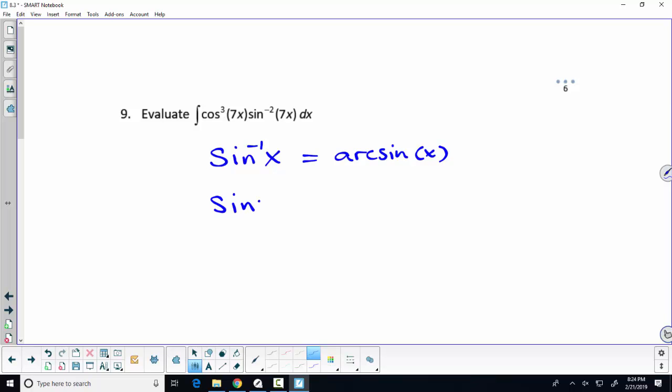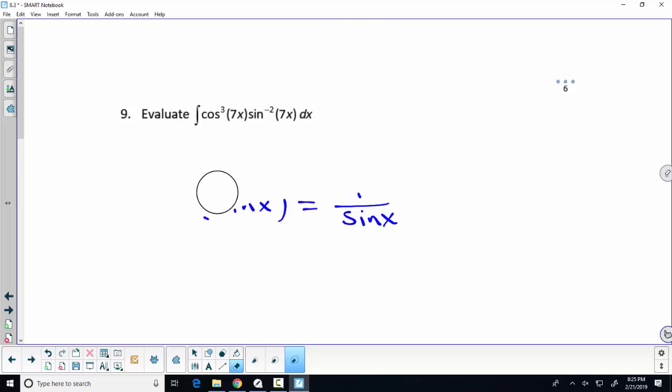Rewrite this, one over sine. So this is 1 over sine squared. We could write that as, say, cosecant, or if you put the sine down here, then we have cosine over sine. So just be careful with the notation there.